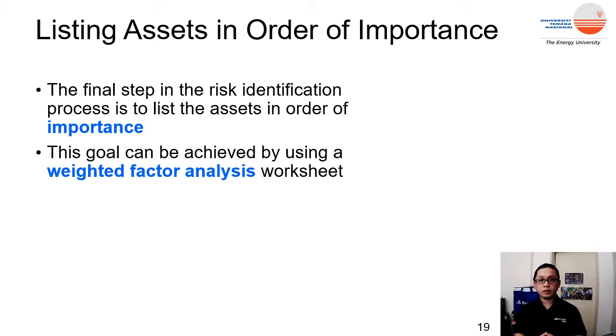So the important outcome of the activity is to properly identify which asset is the most critical to your company and must be protected at all costs from the very beginning. This is very important if you have very limited budget or resources to protect the assets. So that's why this step is very important from the very beginning.